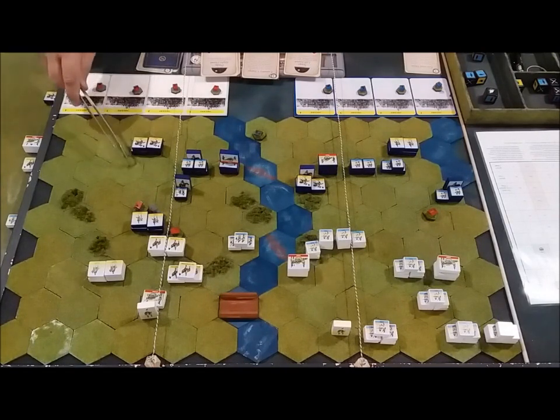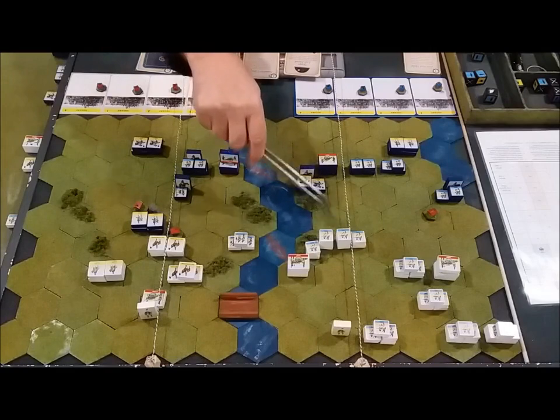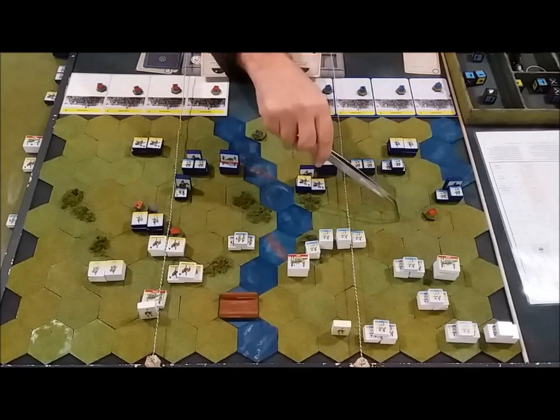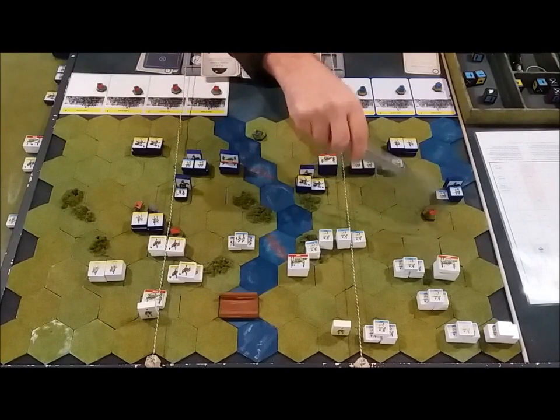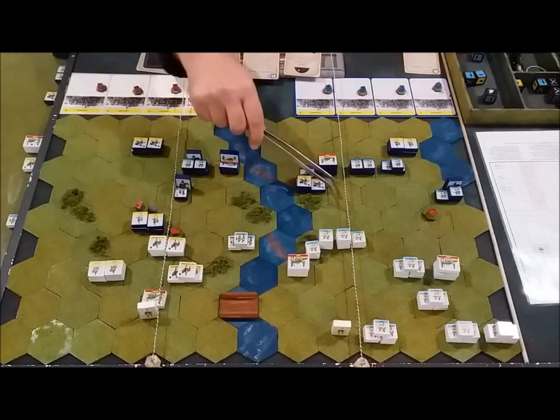The heavy cav could come up in behind the town, which wouldn't do much good. We've got the heavy cav here, which could come forward and hit these, and then we have 1, 2, 3, 1, 2, 3. We could get them up into the town, which isn't going to do a great deal, but it's better than nothing. And the heavy cavalry can move 3.